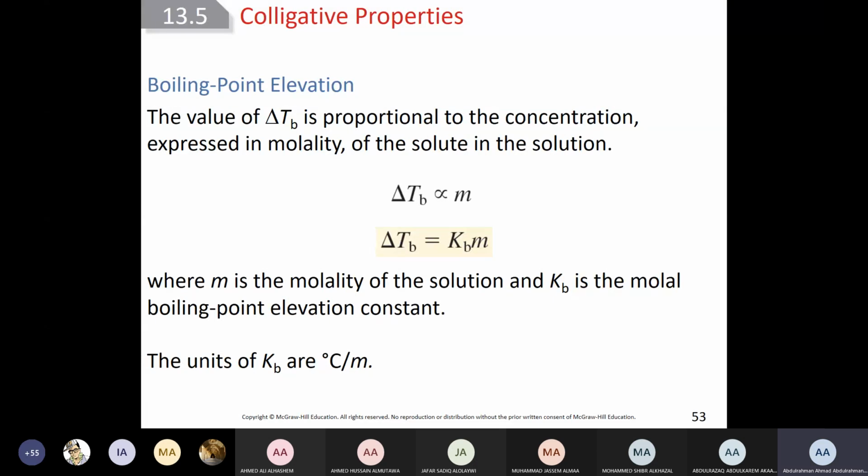Now, boiling point and freezing point are related by this equation, which is delta TB is proportional to m. What's the small m? Molality. What's delta TB?